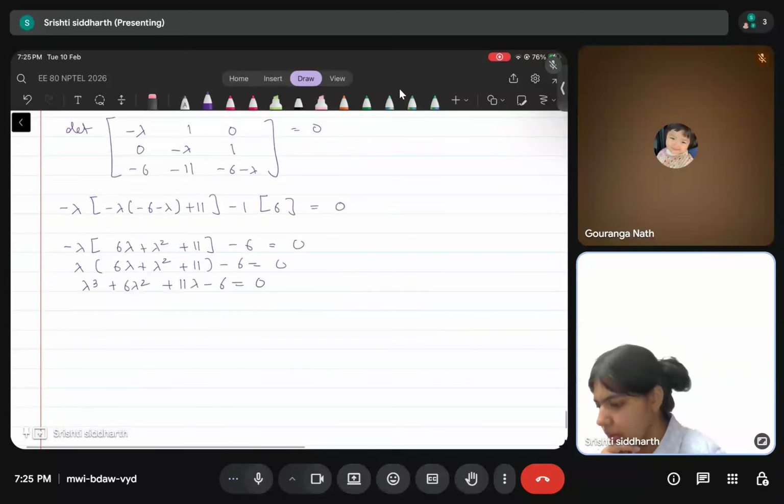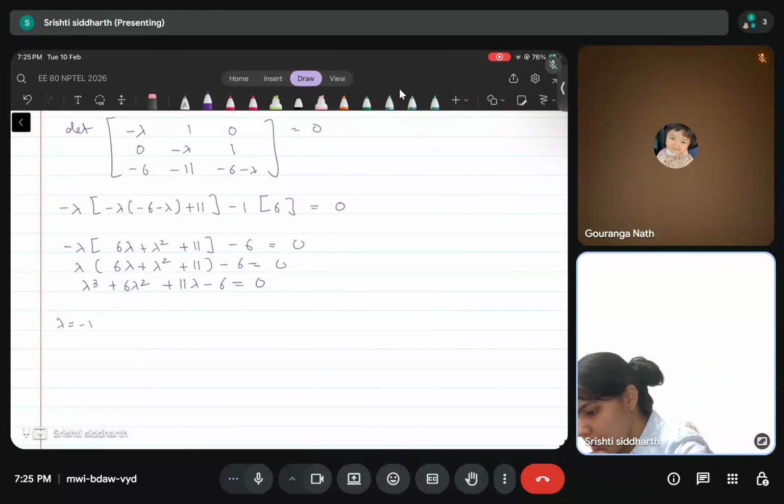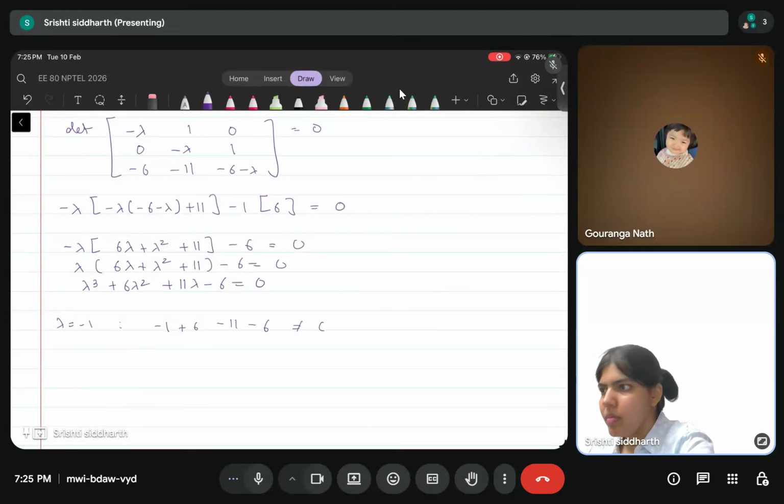If we substitute lambda equals minus 1, minus 1 plus 6... okay, this is not 0.